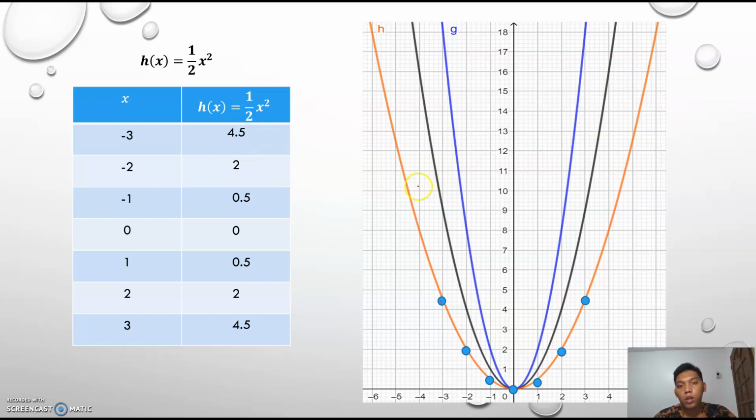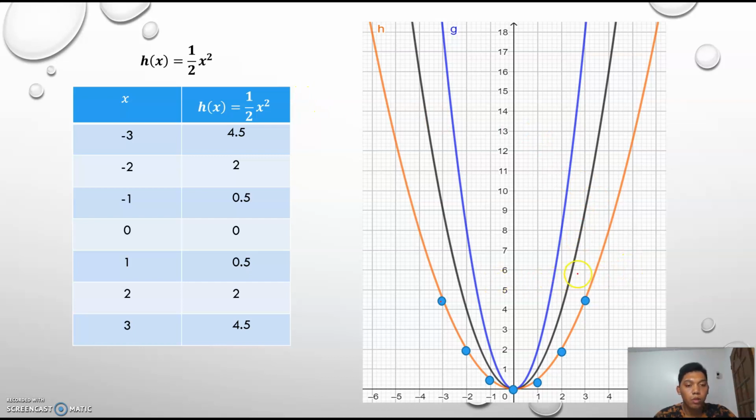So the question is, how does a affect the graph of the function f of x equal to ax squared? How do the changes in a affect the graph? What are the implications? What can you observe?